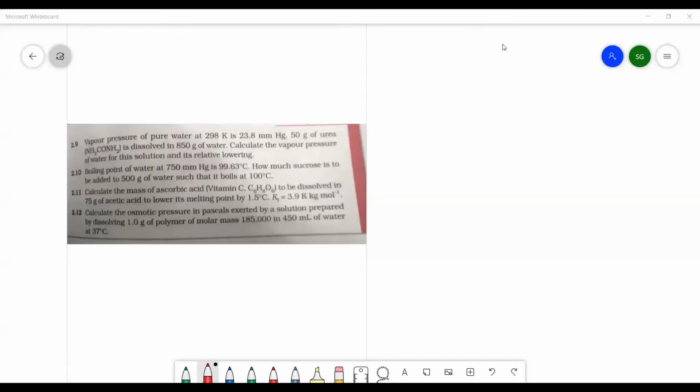Now see the next numerical. It is the vapor pressure. Read the question carefully first. Vapor pressure of pure water at 298 Kelvin is 23.8 mm of Hg. Vapor pressure of pure water, what is that? This is PA naught. First we will make the data, then we will find out which colligative property we can use here. 50 gram of urea, that is WB, is dissolved in 850 gram of water, that is WA.